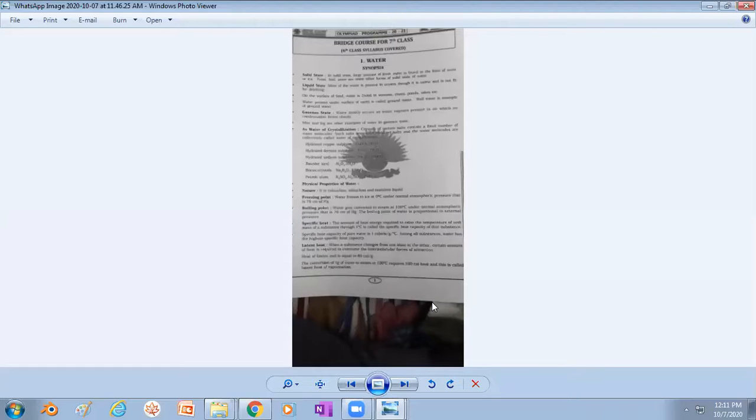Why? Because it is salty in nature. Is it clear? So notice most of the water present in the ocean is saline, meaning salty, and not fit for drinking.